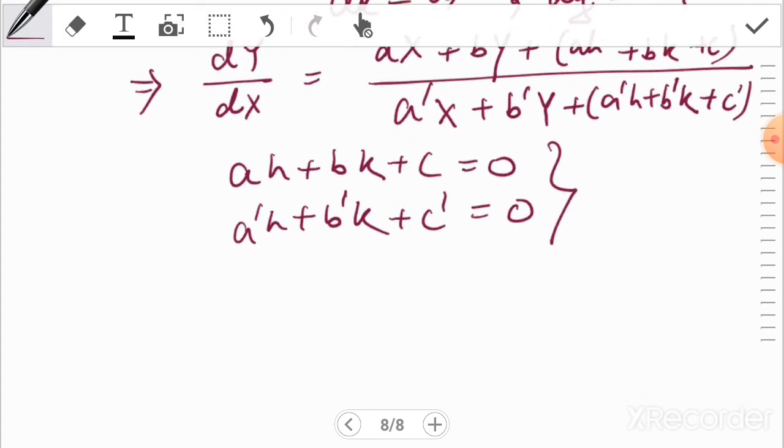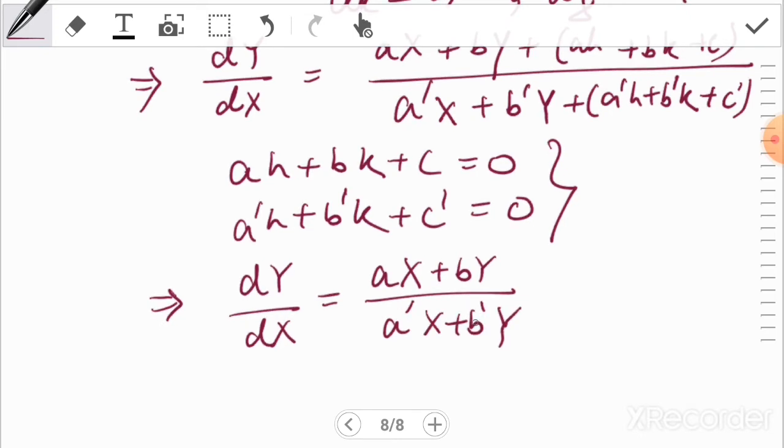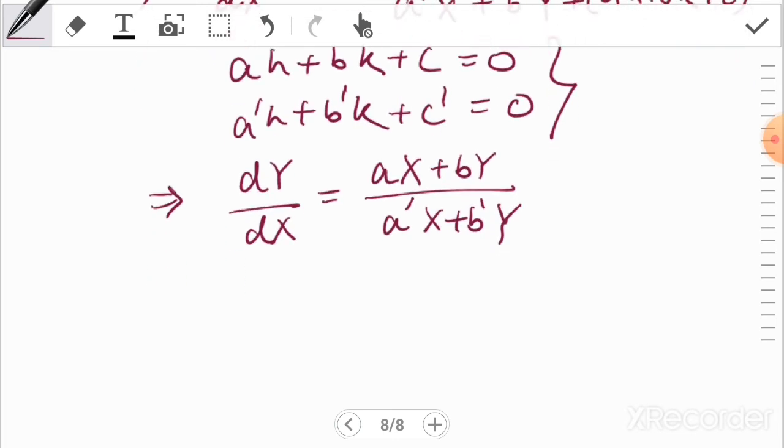Now this equation becomes homogeneous: dY by dX is equal to aX plus bY by a dash X plus b dash Y, which is homogeneous in capital X and capital Y and can be solved by putting Y is equal to vX, and then we can proceed the same way we did earlier.